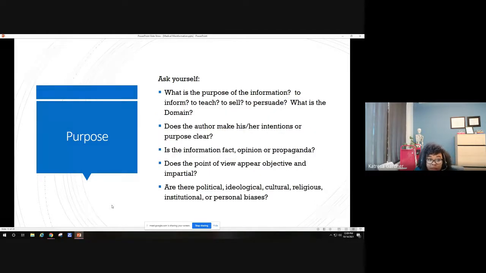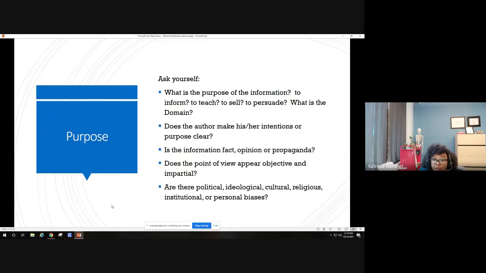Next, you want to evaluate the purpose of the information that you're looking at. The purpose refers to the reason the information exists. So, what is the purpose of this information? Is it to inform? Is it to teach, and maybe try to sell or persuade? And then again, it tells you here to look at the URL domain, which is very, very important.